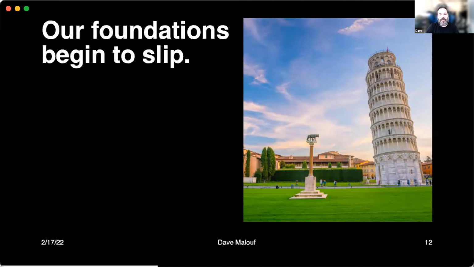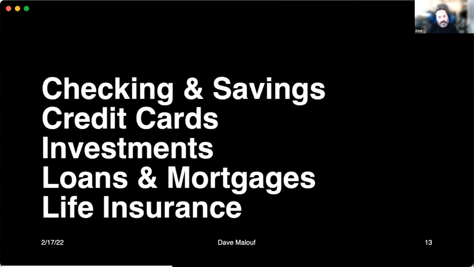And they want all of your money. So they have checking and savings services, credit cards, investments, loans and mortgages, life insurance. Oh my, they just have more and more. And as financial institutions have become more deregulated, this has actually grown in terms of process.